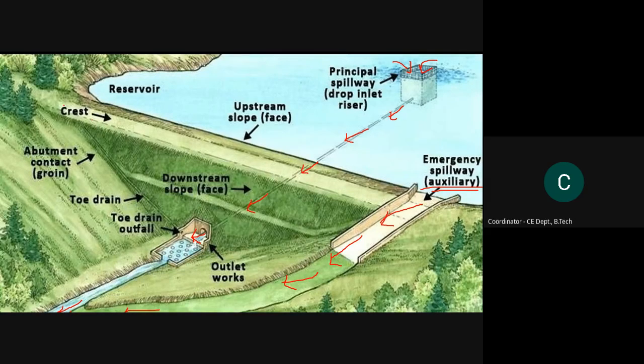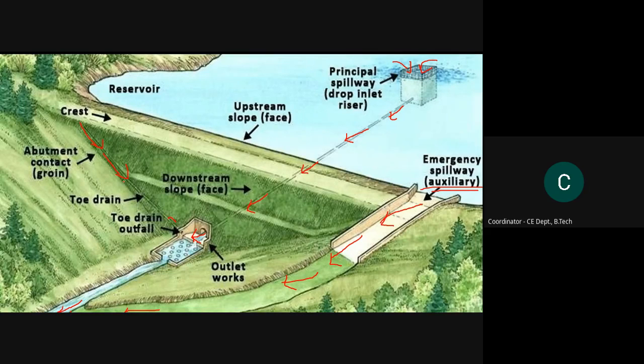So if in this place some amount of water gets stored, what happens? It will follow this path. This is also called the toe drain. Why is it called the toe drain? Because as you can see, this drain is falling at this point, and this point is nothing but the toe part of the dam.